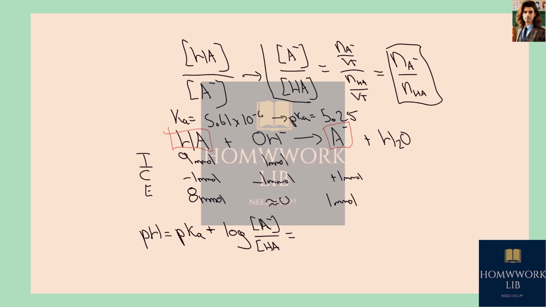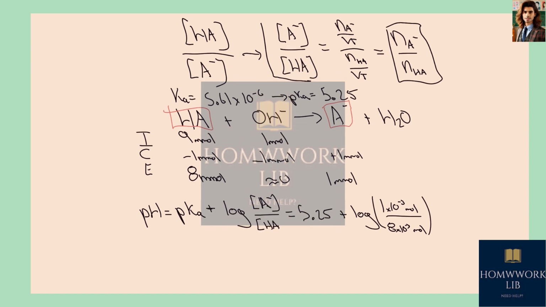So in our case, the value for pKa is 5.25, and the values for concentration, I actually can keep them in millimole because both of them have the same units and they are going to cancel out. If you want, you can write it down as 1 times 10 to the minus 3 mole divided by 8 times 10 to the minus 3 mole. Just notice that the times 10 to the minus 3 is going to cancel out, so this is going to be logarithm of 1/8.